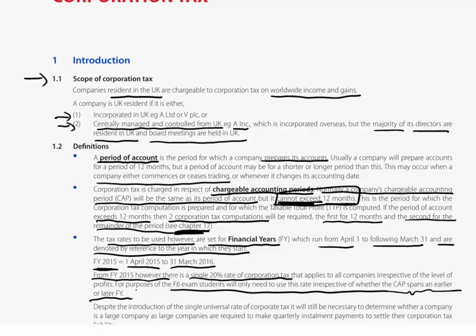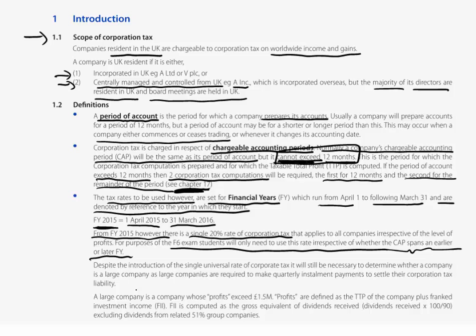So irrespective of whether an accounting period spans 2 financial years or is all within 1 financial year, it will not matter. We will simply use a 20% tax rate. Now, for those of you, if you've done tax before, you will have seen that in the past, companies were defined for determining their relevant tax rates as being small or marginal or large.